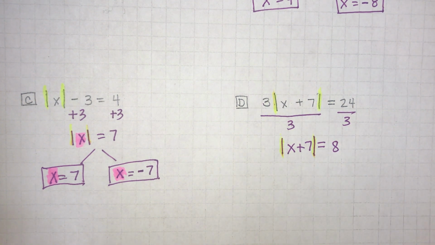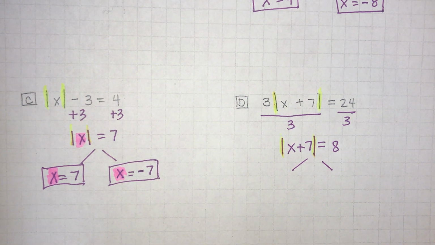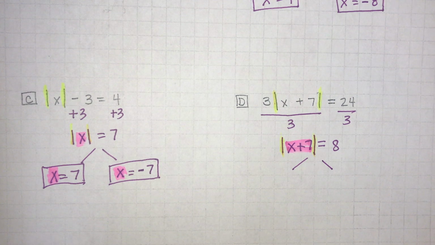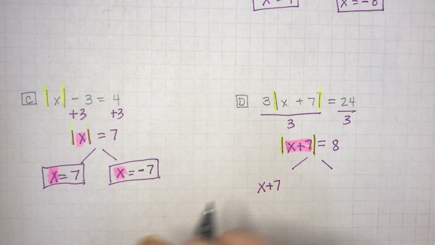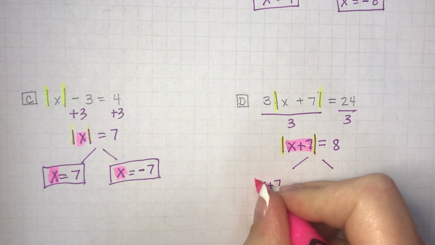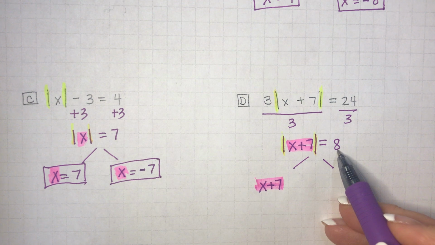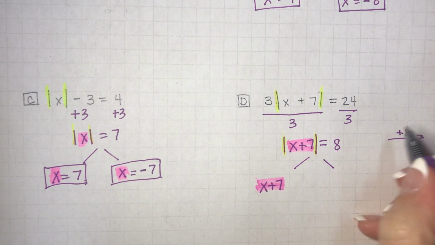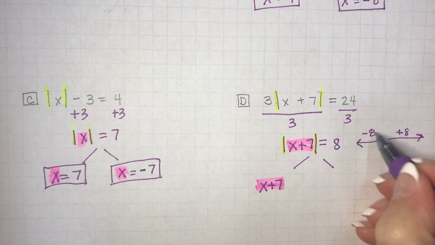Once we do that, we split it into two equations. We keep the stuff on the inside exactly how it is. So we have the equation x plus 7, exactly like the inside. And remember, this is talking about the distance going in the positive direction, plus 8, and the distance going in the negative direction, which would be negative 8.